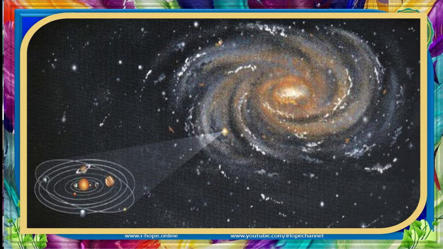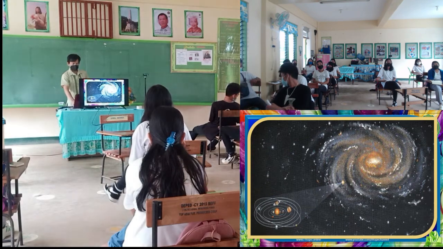And imagine there is not only one Milky Way or one galaxy, but there are numerous galaxies in the universe. So, the astronomers call it the super clusters of distant galaxies. Our solar system is just a small part of that.